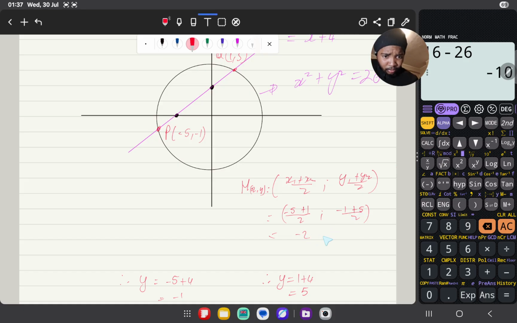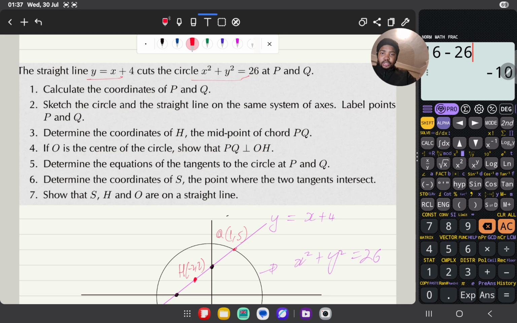Divided by 2, it's minus 2 and 2. So the point there is minus 2, 2. This is H, and I can put it here and say here we have H, which is minus 2, 2. Let's see.